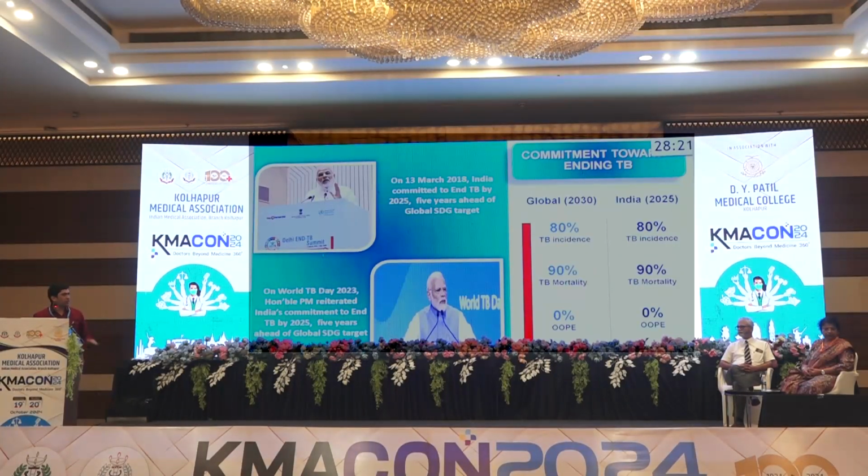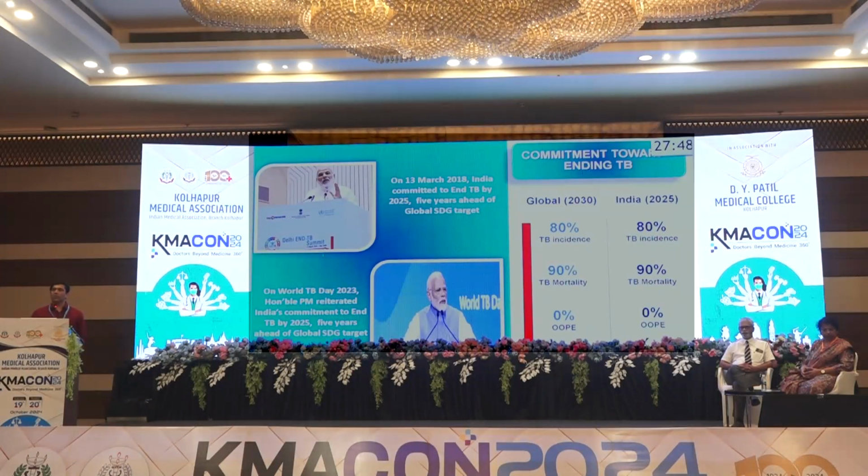Again, mortality, decreasing by 90% with respect to 2015, and out-of-pocket expenditure means the economic burden which a TB patient and his family suffer because of TB. So we have to bring it down to zero.